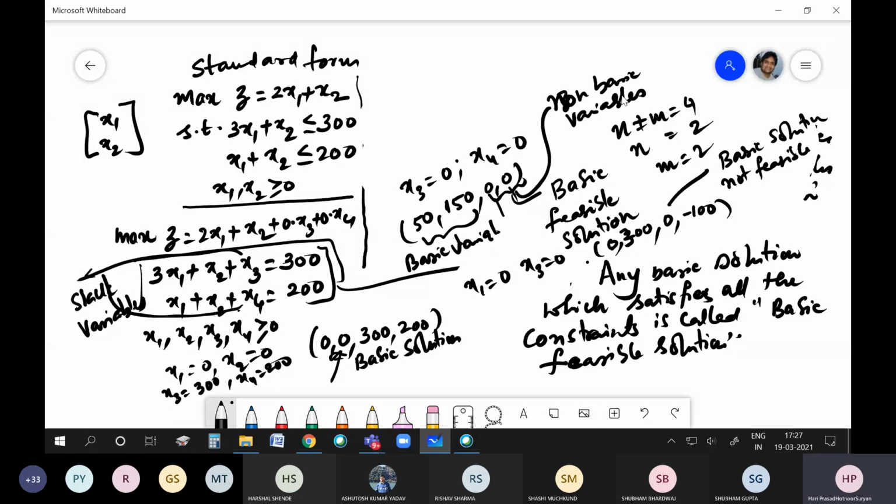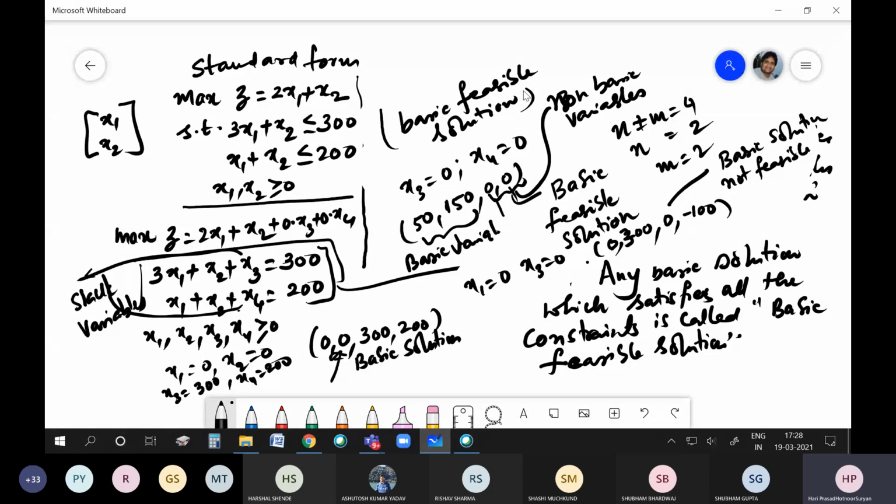The beauty of linear programming is that the optimum occurs at a basic feasible solution, so we have to look only at basic feasible solutions.